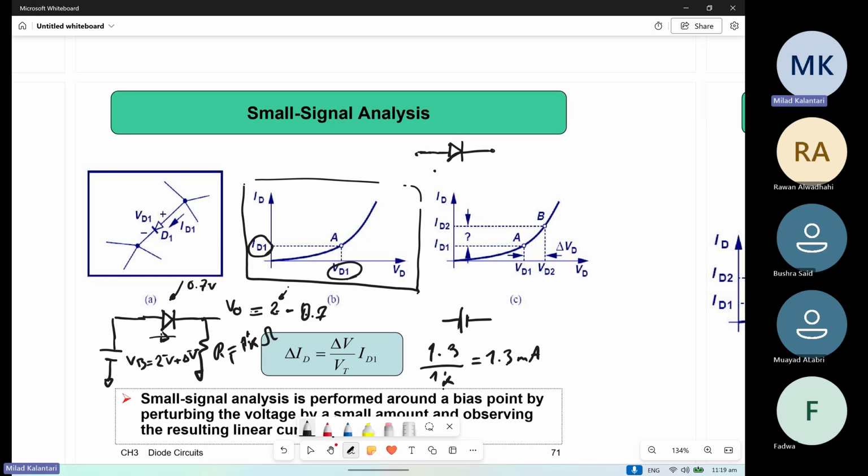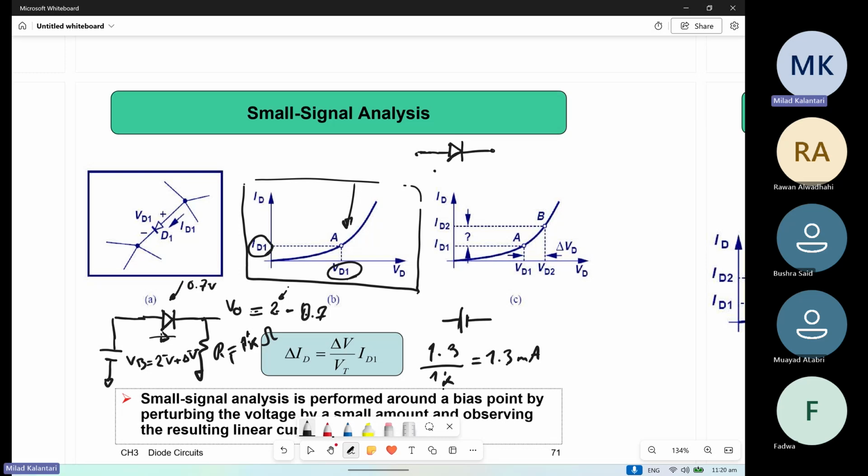If we want to be a little bit more accurate, we really need to go back to the actual DC curve of the diode. Why is it not accurate?